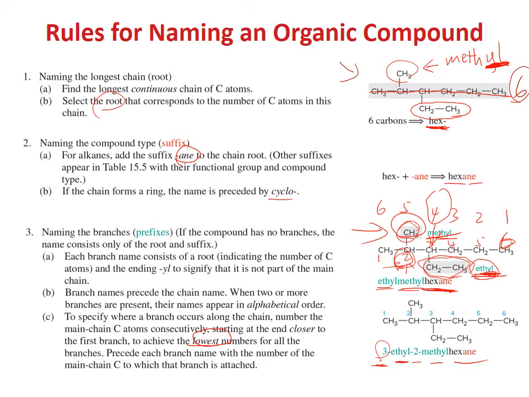So the main chain is hexane, but at number 3 we have ethyl, and at number 2 we have a methyl. Note that we add a hyphen between the number and the prefix, the branch. So 3-ethyl, 2-methyl. And between the branch, the prefix, and the root hex, there's no space, so methylhexane.